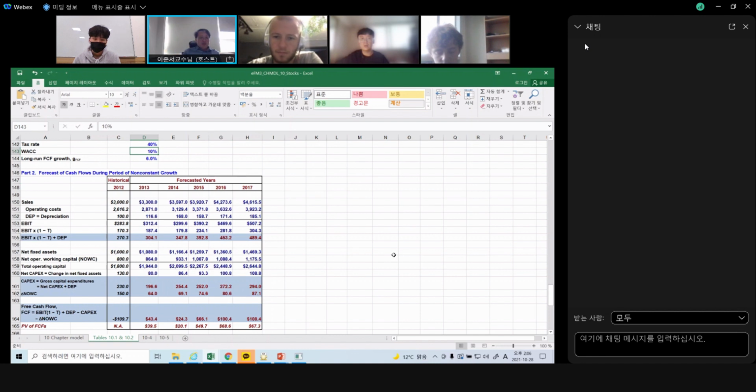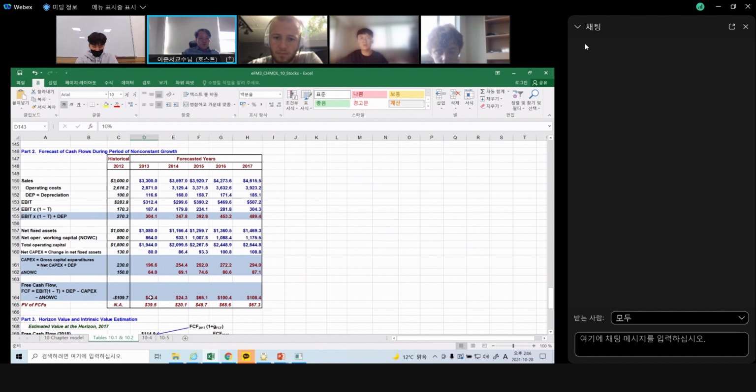Then this table provides the information on how we can get the free cash flow, right? So let me explain roughly, going through very quickly. You don't have to know what I explain step by step, but as I told you, you need to know the framework to get the final answer.